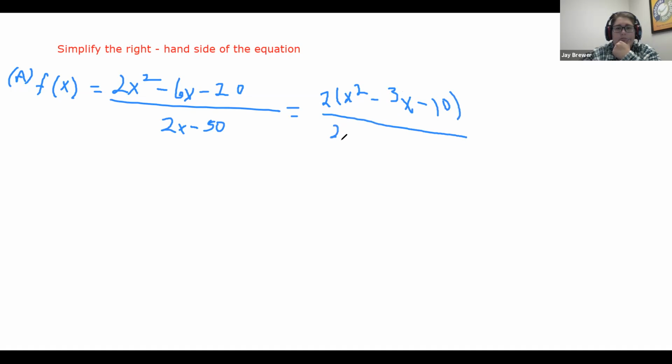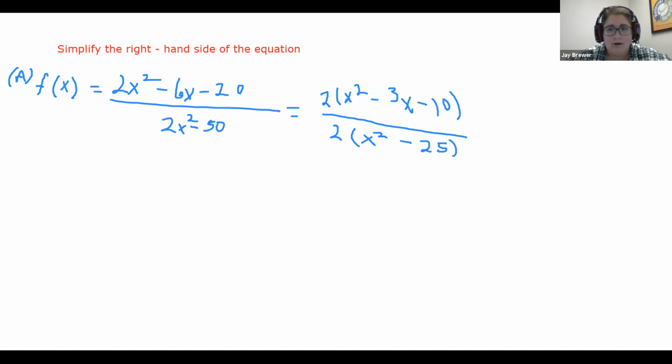Oops. Don't forget that, like I did. Kind of makes a difference for you. Okay. So we were able to pull out a 2 on the top and bottom, so we know that that's going to end up canceling. But before we cancel, what else can we do?